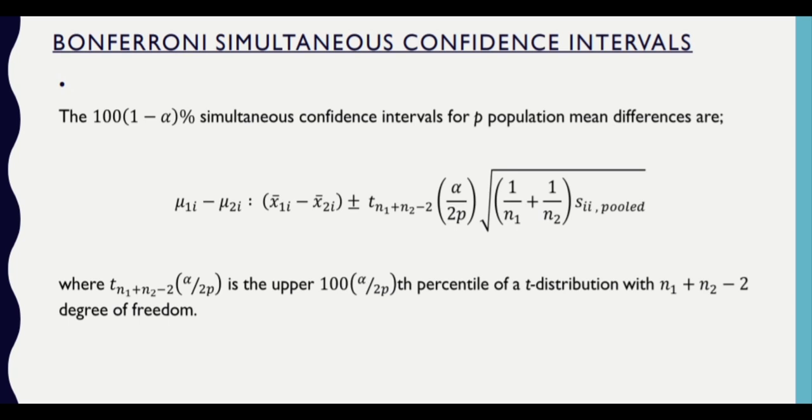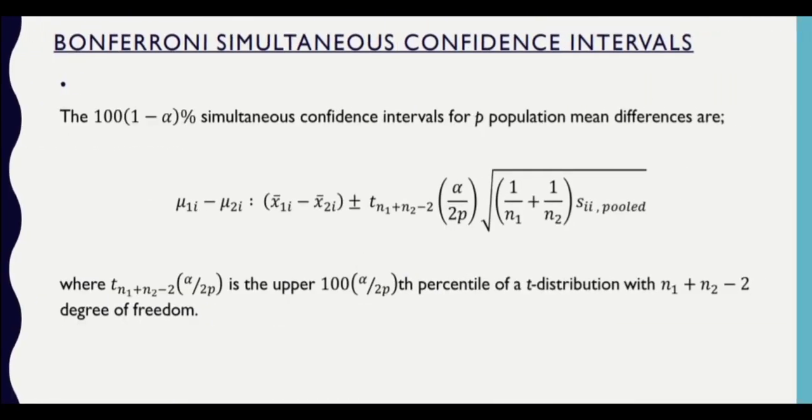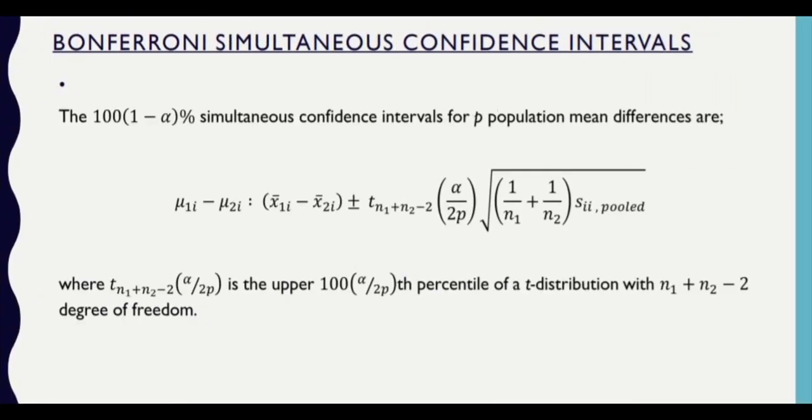So, sama juga kat sini kita ada dua formula, Bonferroni dan juga simultaneous confidence interval gunakan cara biasa tadi. Okey, apa beza antara Bonferroni dan yang sebelum ni for this one? Okay, Bonferroni will give the result of the confidence interval that is more narrow. Okay, narrower or smaller confidence interval.